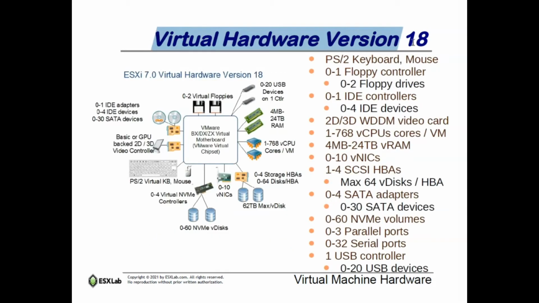So VMware creates new virtual hardware versions with most new versions of ESXi. And it turns out with ESXi 7.0, VMware released virtual hardware version 18. And again, VMware improves their virtual hardware to provide more scalability, better performance, support for newer hardware, just like physical server makers and desktop makers improve their motherboards for compatibility with the latest hardware, the latest devices for best scalability, and so on and so on.